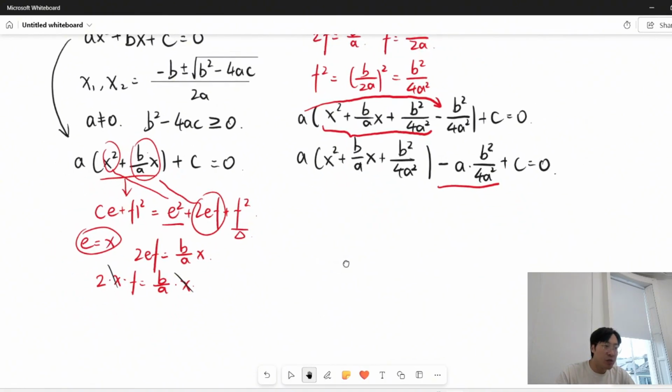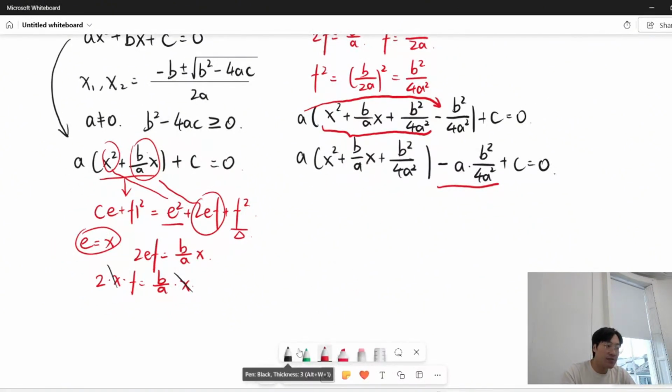And the reason why we are doing this is because, as promised, the previous part of the function can be written as a times x plus b over 2a squared. So that's the whole point of doing that.